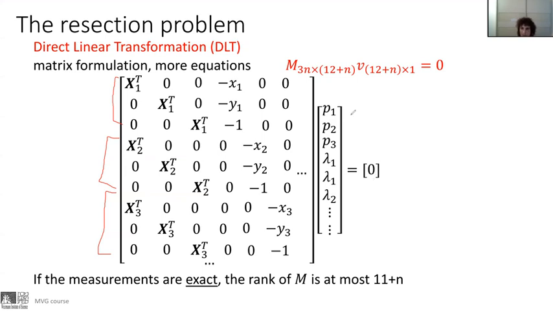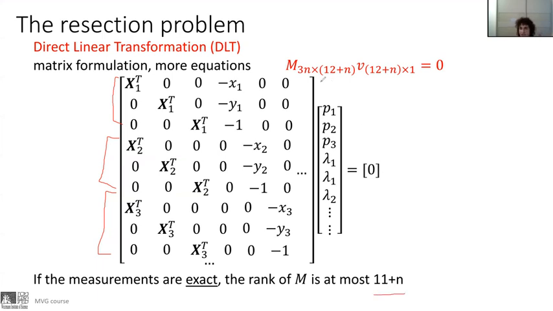Now, you see that the matrix is large. The matrix is very thin. It's long in the rows direction and very thin in the column direction. And actually, if the measurements are really exact, then the rank of this matrix is going to be at most 11 plus n, like what is written here.